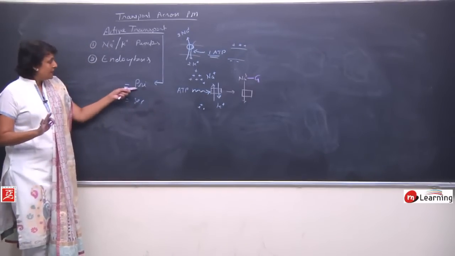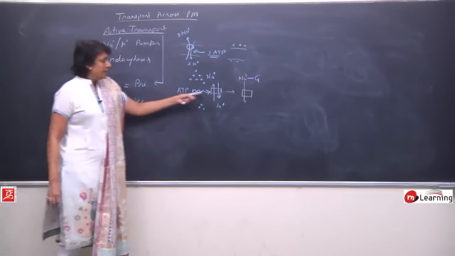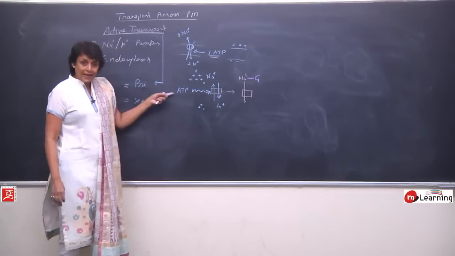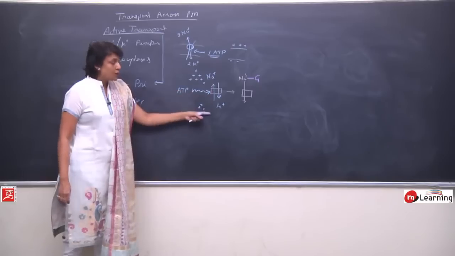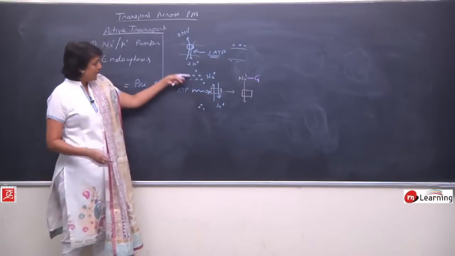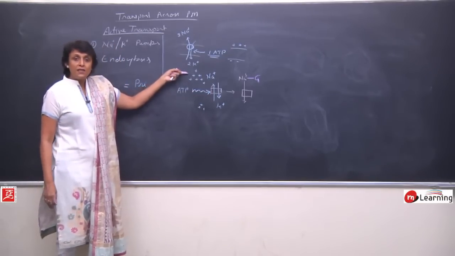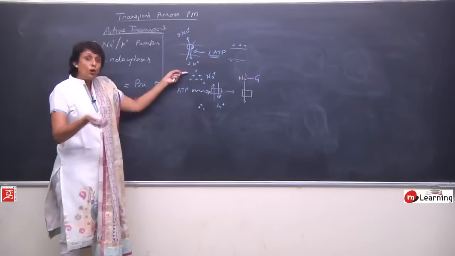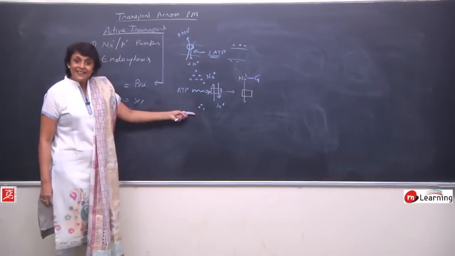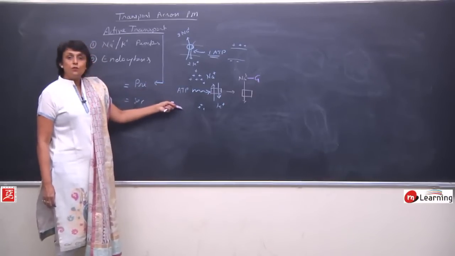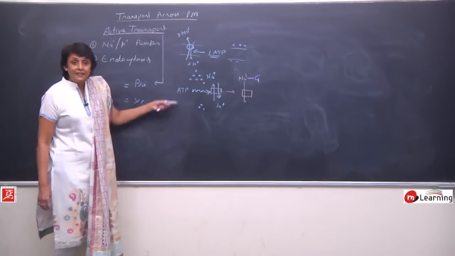Difference clear? In case of primary, the direct energy source is ATP, as we see in case of sodium potassium pumps. Due to this primary transport, what is the outcome? The outer side of the membrane is electropositive. It has more positively charged ions on the outer side as compared to the inner side, which results in formation of a gradient.